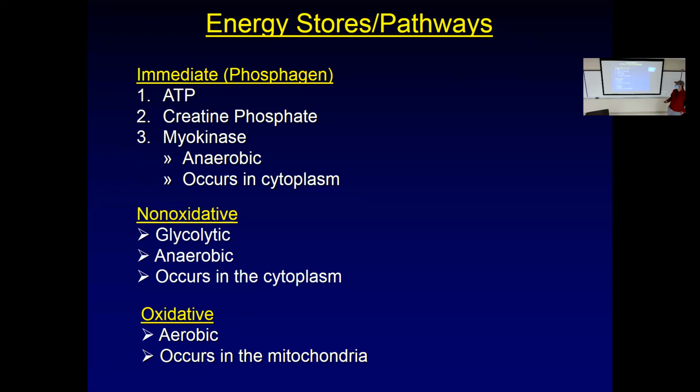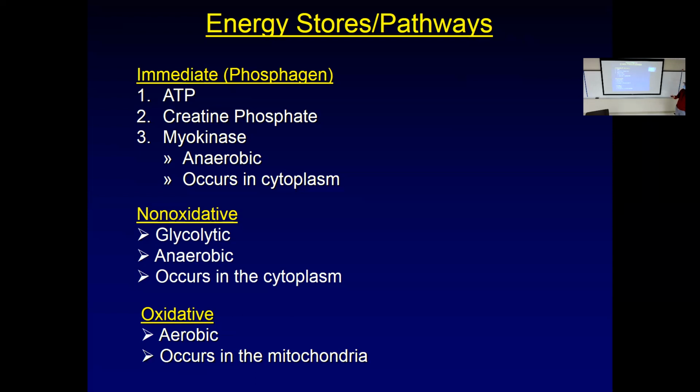Okay? So we're going to group our energy pathways into kind of three big buckets. We're going to talk about several different kinds of pathways or reactions that we're going to call the immediately available energy or the phosphagen pathways.